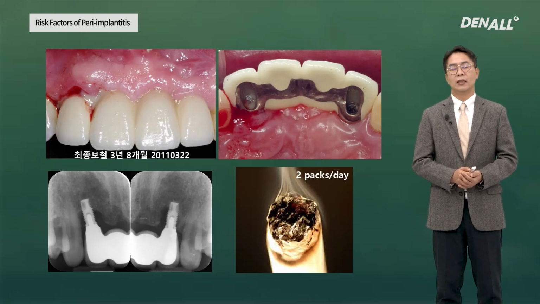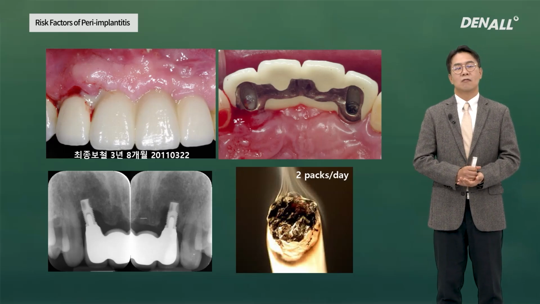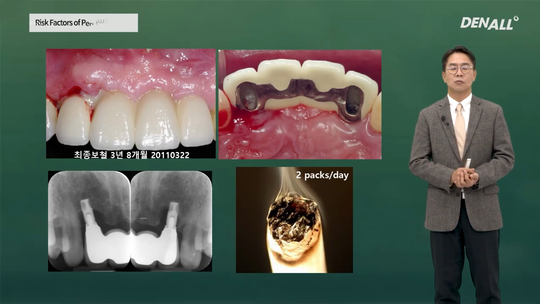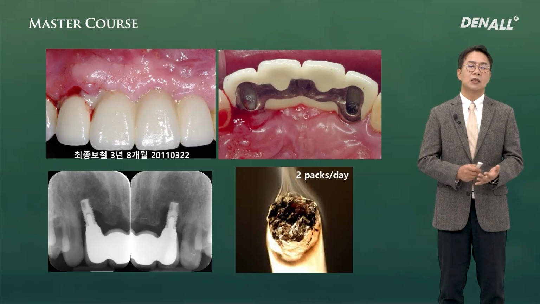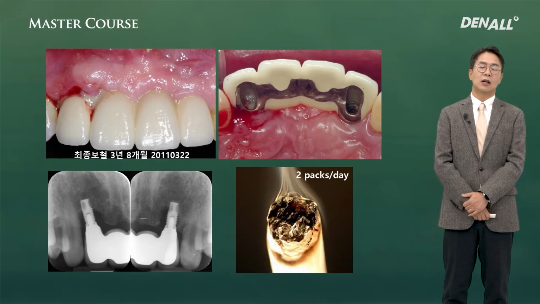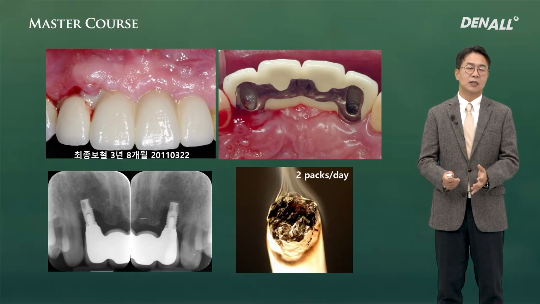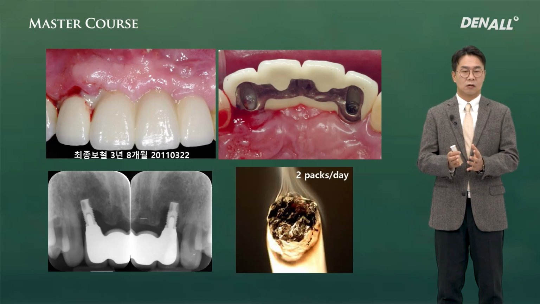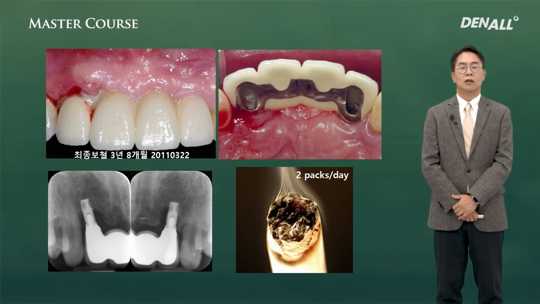Smoking is a big risk factor for peri-implantitis. There's a national campaign against smoking, but that is not easy to change the habit. So if the patient doesn't stop smoking, the risk is there, and we need to make the patients aware of the problem. So we need to do the checkup pretty often.